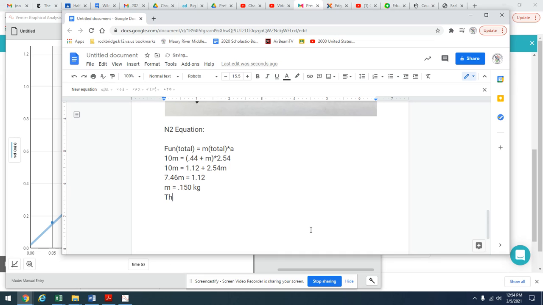this is the total hanging mass. So the mass of the doll, the Einstein doll, is 0.150 kilograms minus the stuff that he's holding on to, which is 60 grams or 0.06.